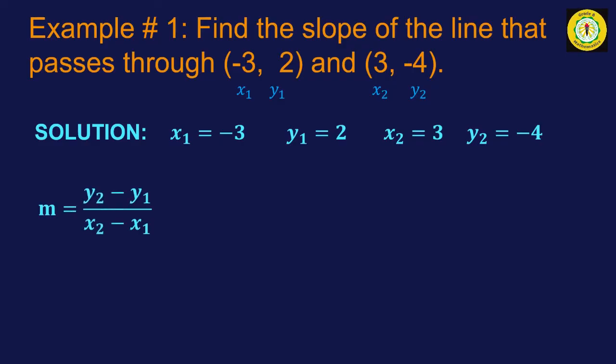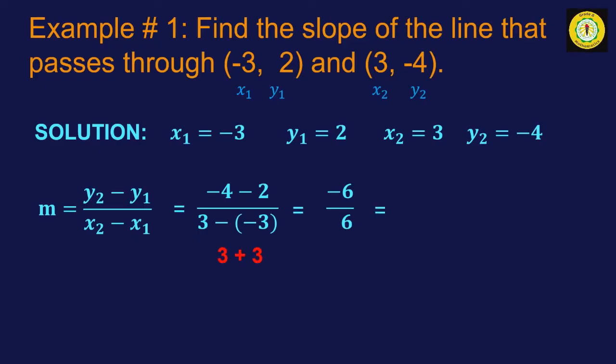Formula: m equals y sub 2 minus y sub 1 over x sub 2 minus x sub 1. Substitute the values. So we have -4 minus 2 over 3 minus -3, which is -6 over 6. So -6 over 6 is equal to -1.